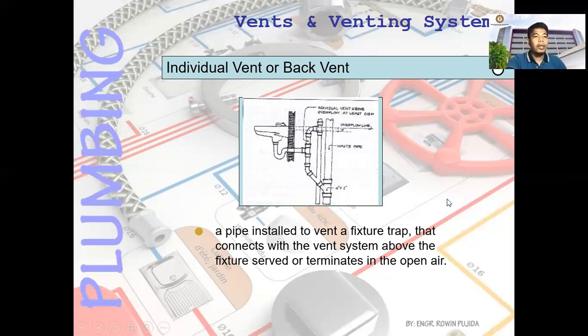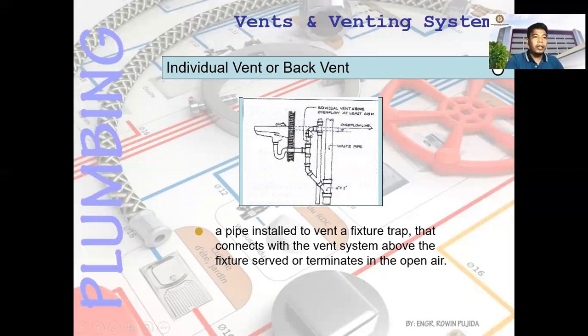Okay, so it is a pipe installed to vent a fixture trap that connects with the vent system above the fixture served or terminates in the open air.